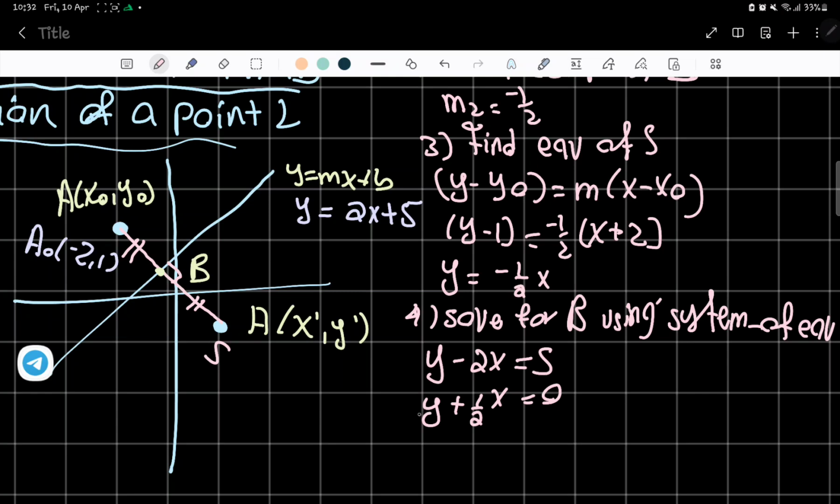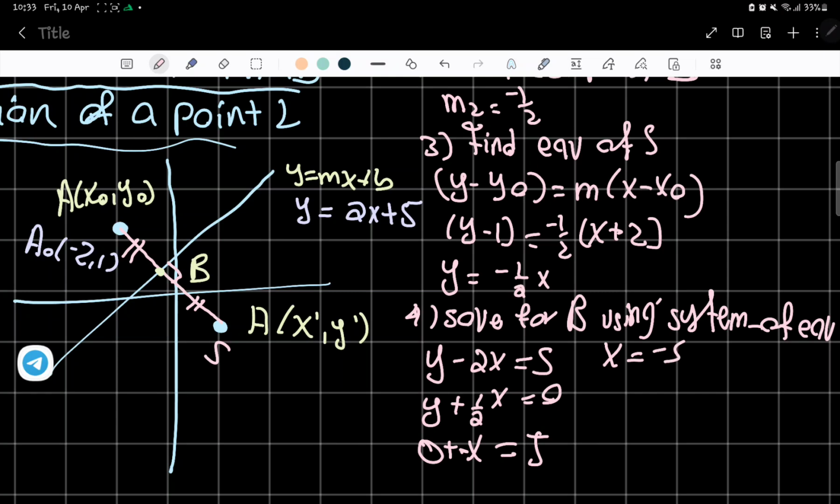So y minus y is going to be 0, and then minus 2x plus 1 over 2x is going to equal 1 over 2 plus minus 2 over 2, which is equal to minus 1, right? So it's going to be minus 1 minus x is equal to 5. So x is equal to minus 5.